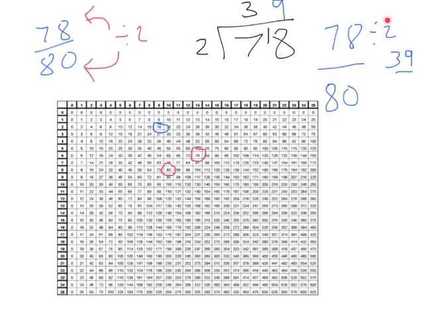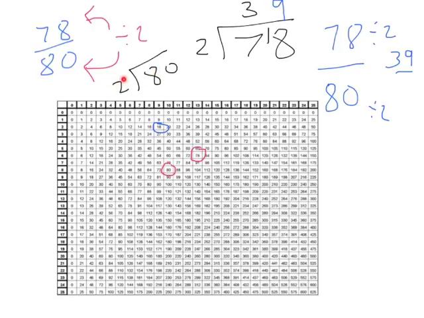Now that one number is the number 2, so we do the same thing to the bottom. So 80 divided by 2, and again, let's try and use division here. So we ask the question, how many times does 2 go into the number 8?